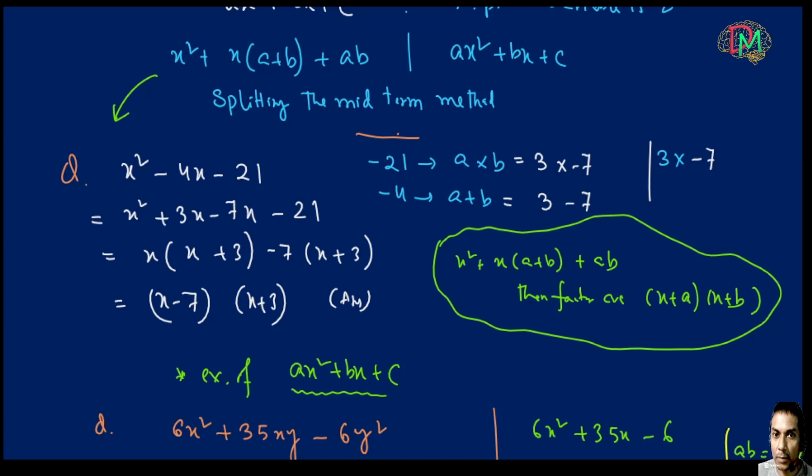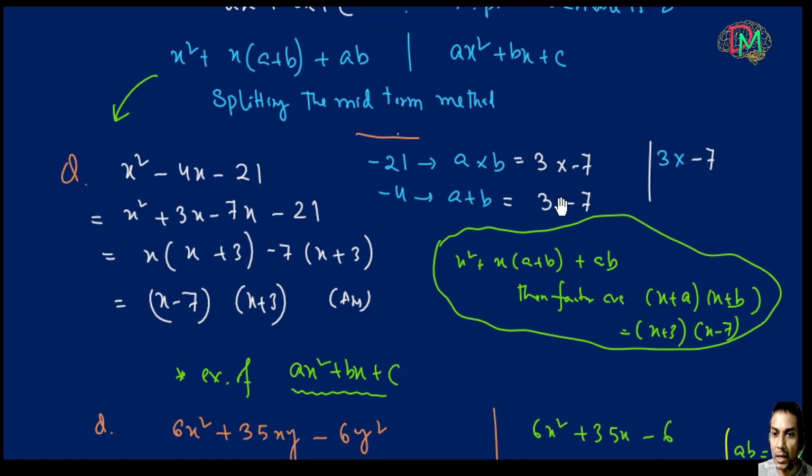So directly we can put the values. What is the value of a? a is 3, so it is x plus 3. And what is the b value? b is actually minus 7, so you can directly write minus 7. Look at this, this is similar to this value. So in an MCQ question, you can directly get this.